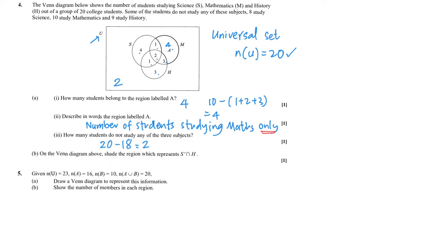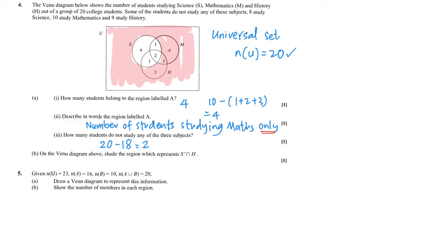Okay, next, shade the Venn diagram region which represents S prime intersect H. Which region is that? Maybe we can shade using a highlighter. Not S, S prime means everything outside here, all outside except S. So everything else except S is S prime.